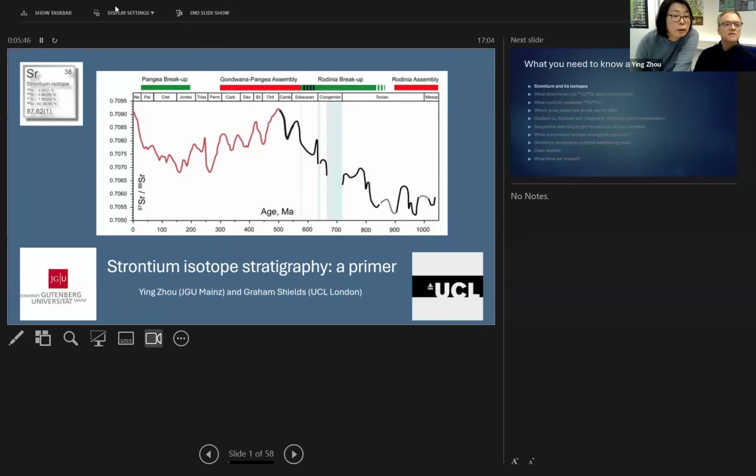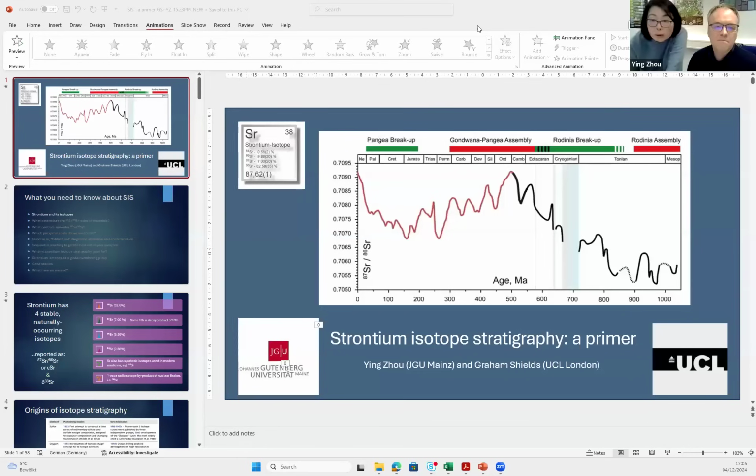Just to change. Just stop sharing, no? And then we go back, you choose the right one, because I'm not even sure which one it is. Ah, it's that one, okay. Now you have to do this, and then you do screen 2, share.